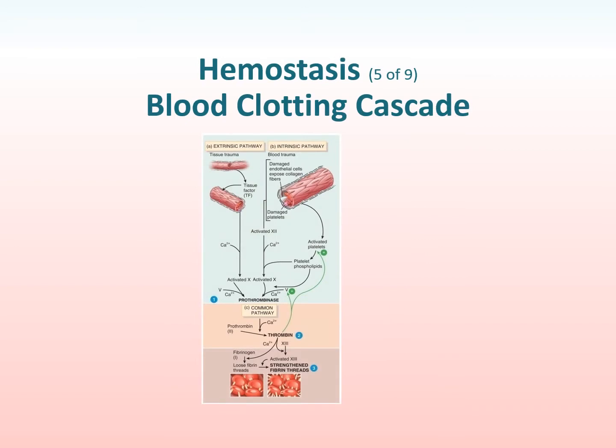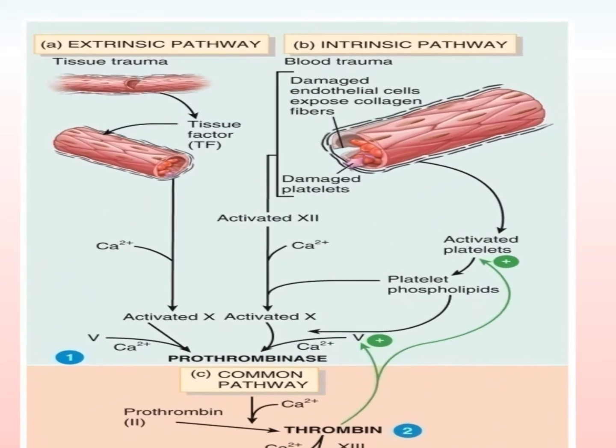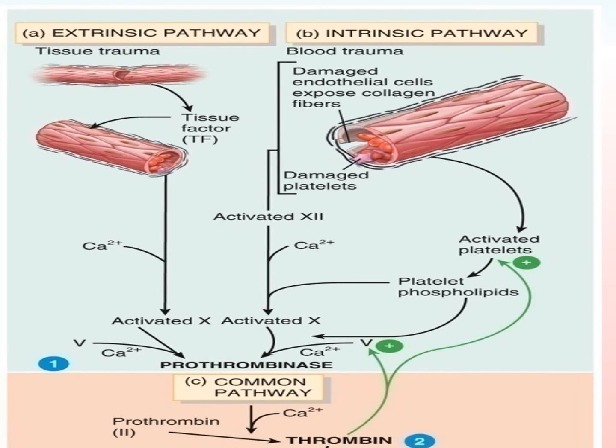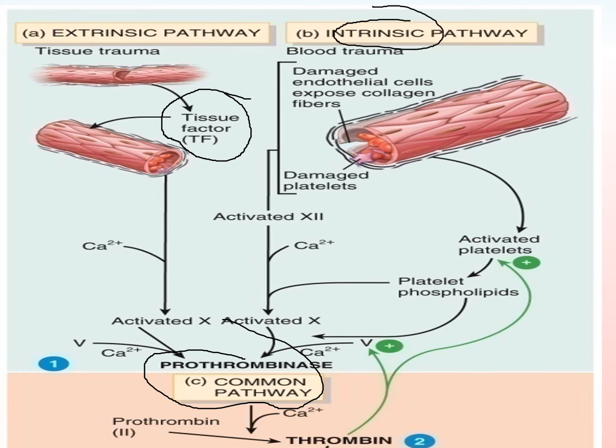This is the Tortora book version of the same thing. This one keeps it a little simpler. It says tissue trauma releases tissue factor, which is also called thromboplastin. And that leads to the common pathway. And on the right side, the intrinsic pathway means that you have something inside of your blood vessel, such as exposed collagen fibers.